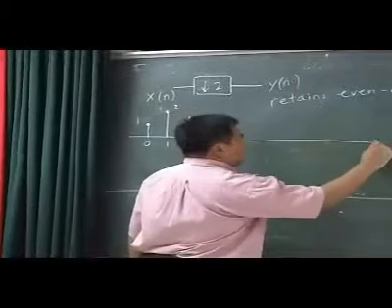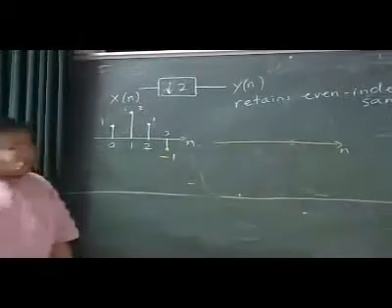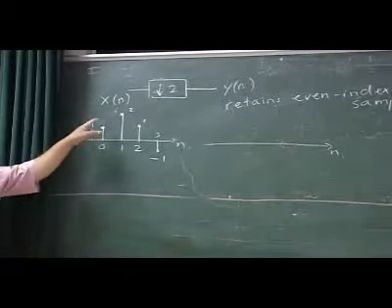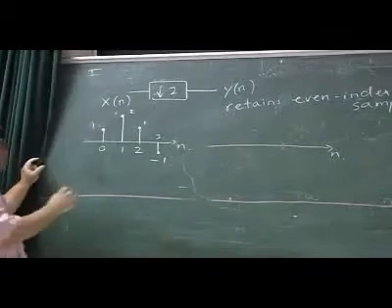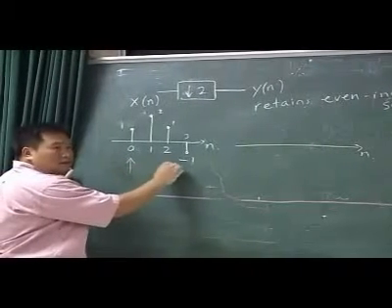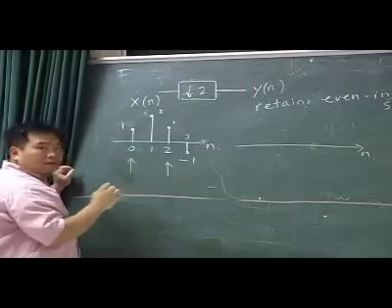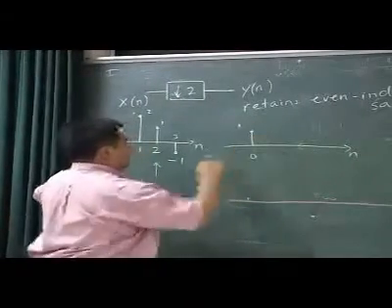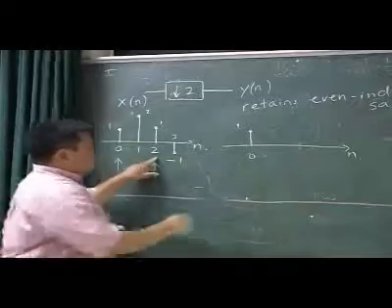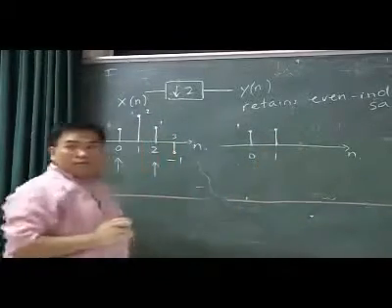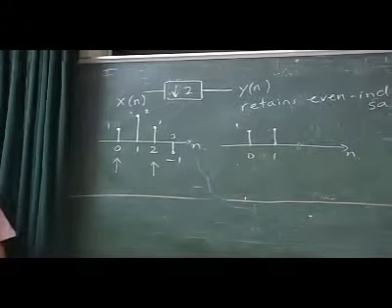How do I draw Y? I'm saving, keeping all the even index samples. I'm keeping the 0 index, I'm keeping the second index, the fourth, and so on and so forth. Okay, so at time 0 is 1. At time 1, it will be 1. That's it for this example. Okay?